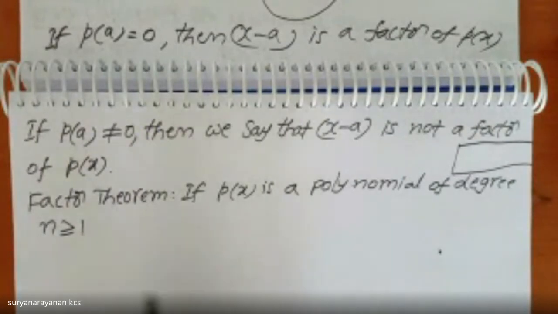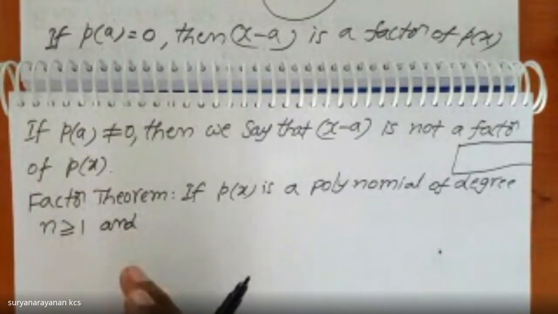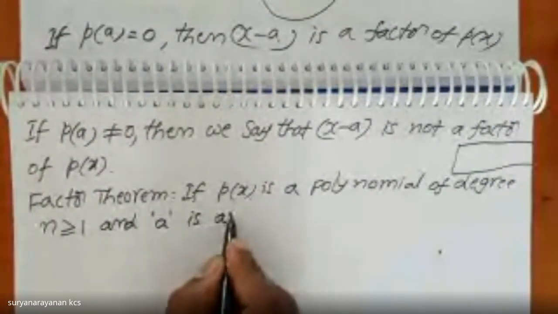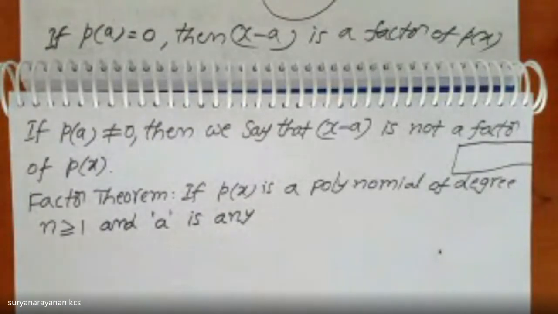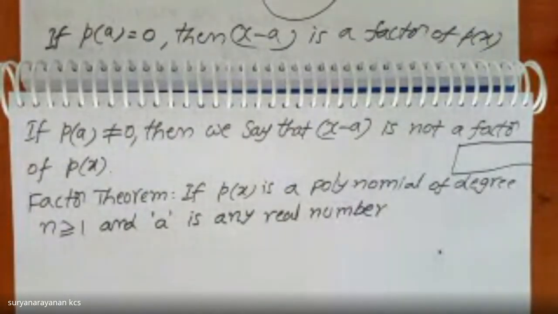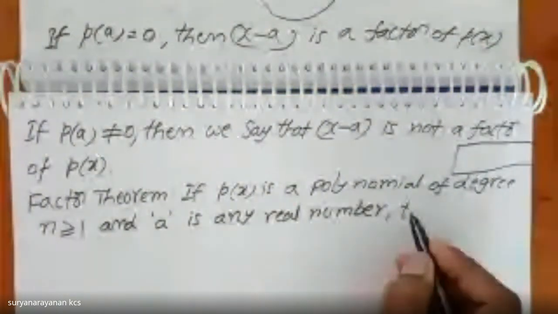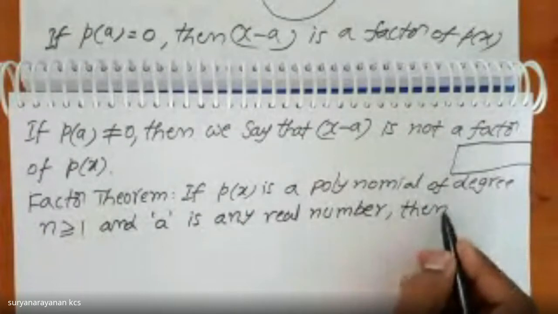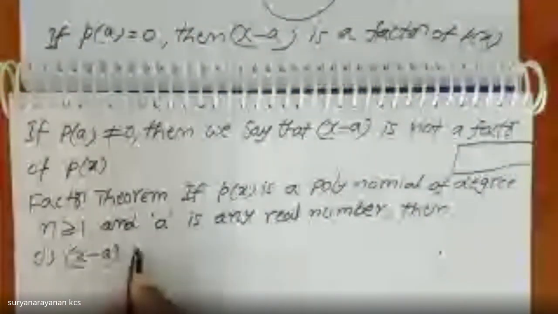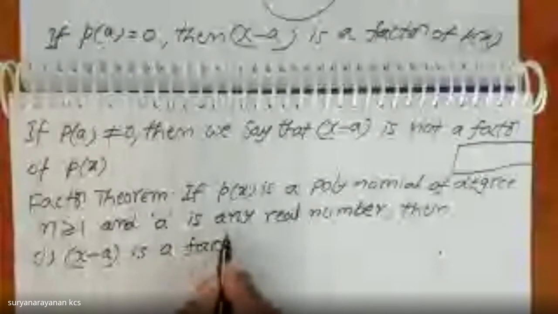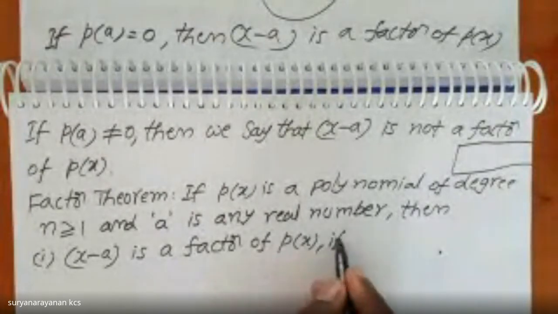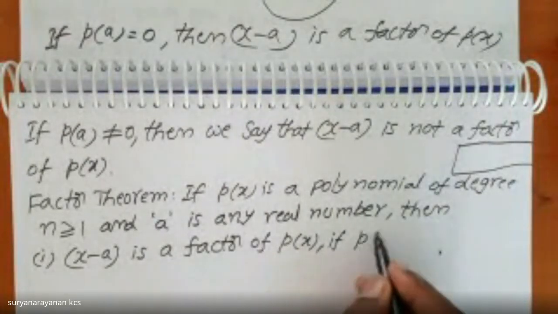Greater than or equal to 1, and small letter a is any real number, then x minus a is a factor of P of x if P of a is equal to 0.